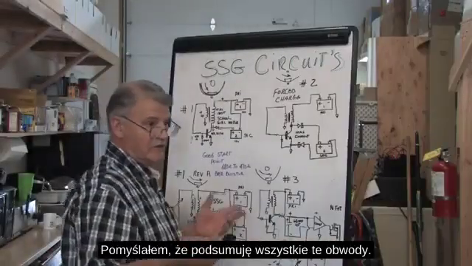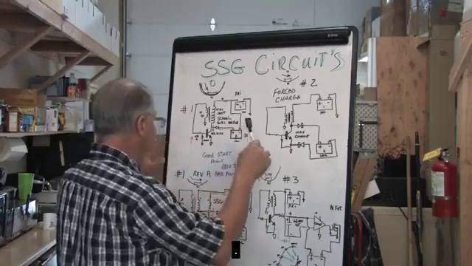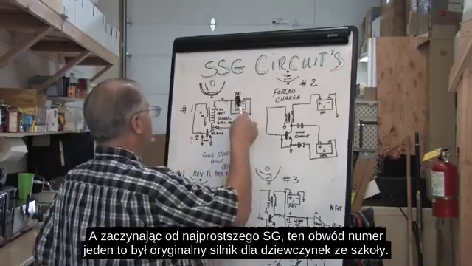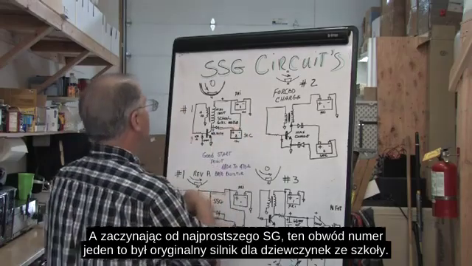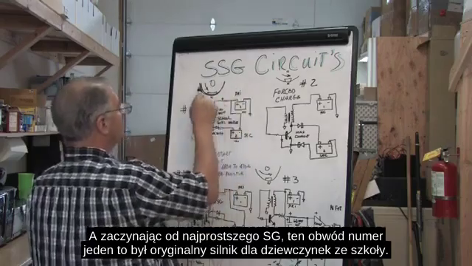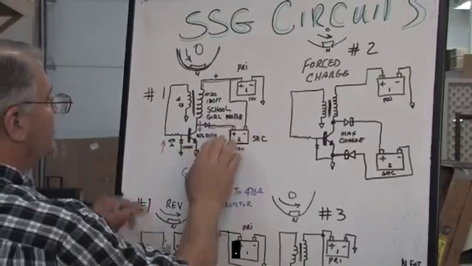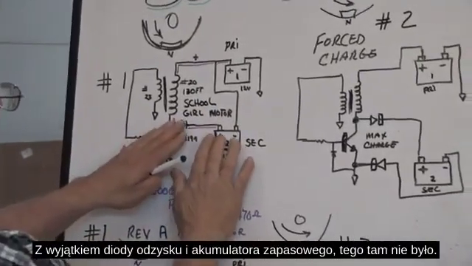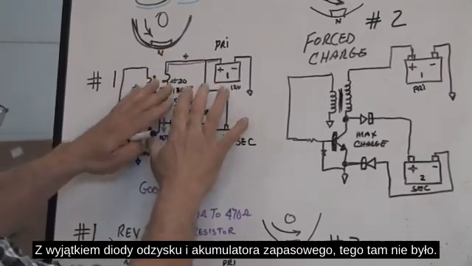What I thought I would do is recap all these circuits, starting with the simplest SG. Basically this number one circuit was the original schoolgirl motor, with the exception that the recovery diode and the secondary battery were not there.